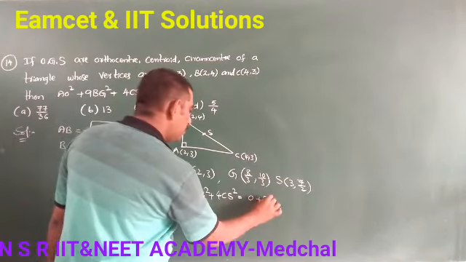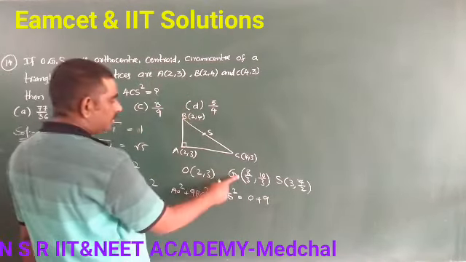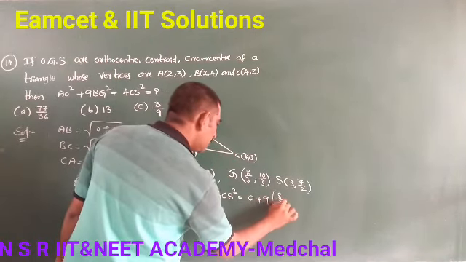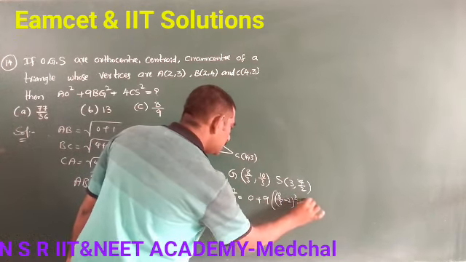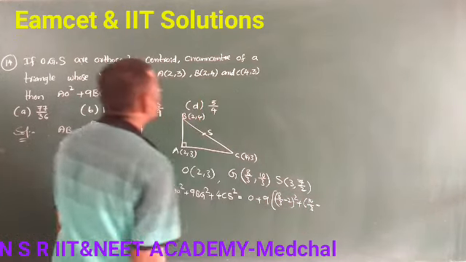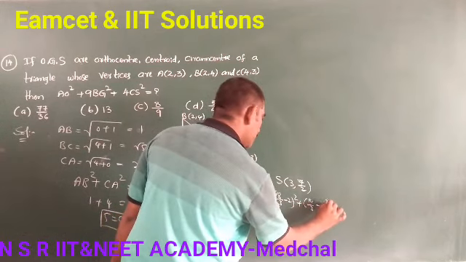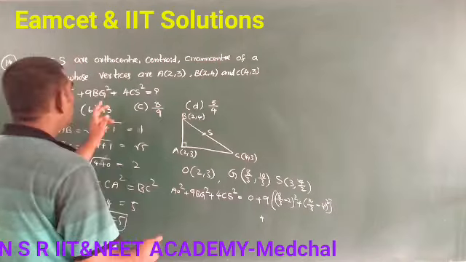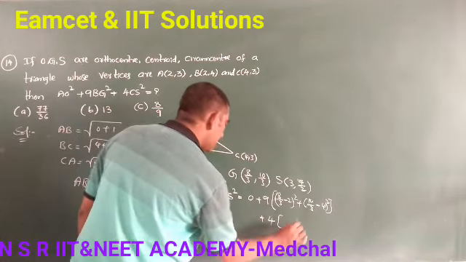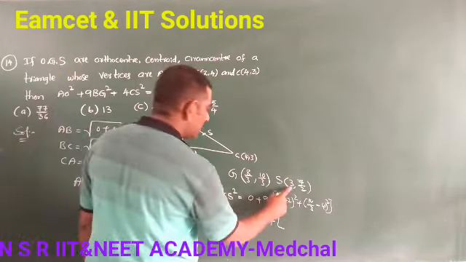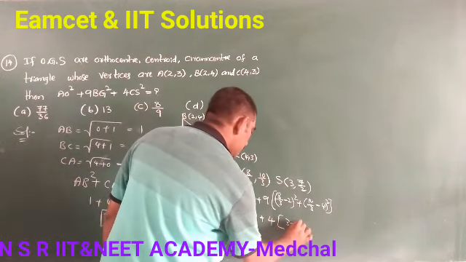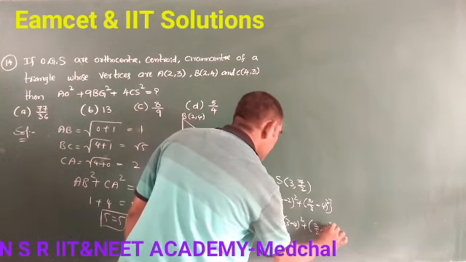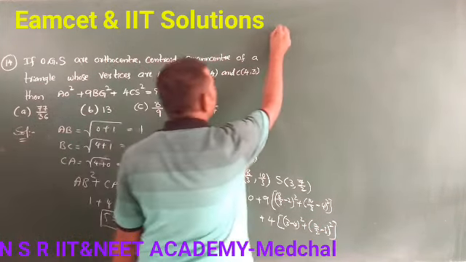Next, 9 into BG square, the distance of BG: 8 by 3 minus 2 whole square plus 10 by 3 minus 4 whole square. Next, plus 4 into CS square: 3 minus 4 whole square plus 7 by 2 minus 3 whole square.